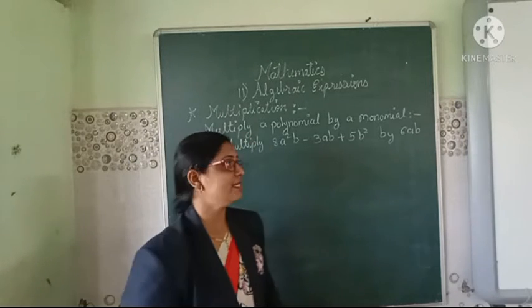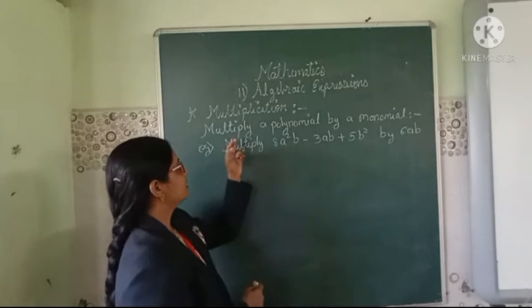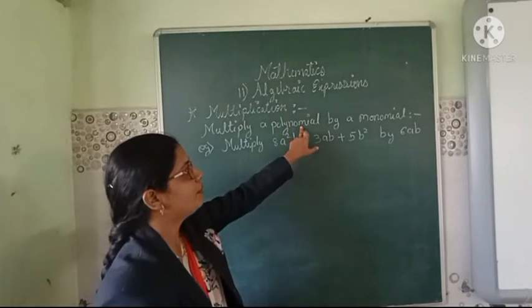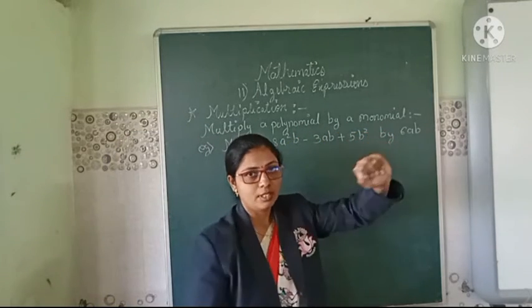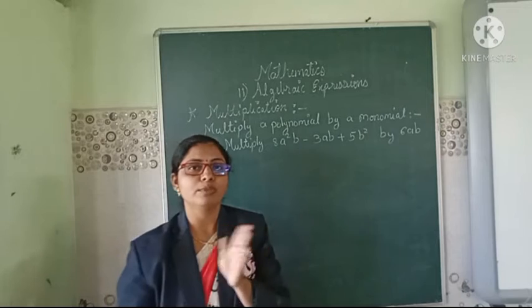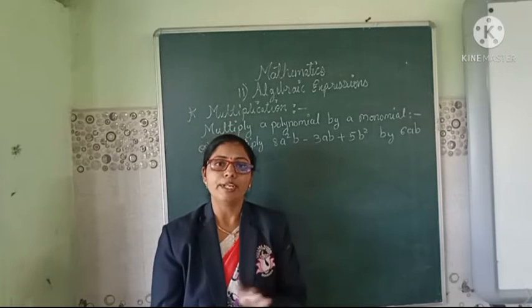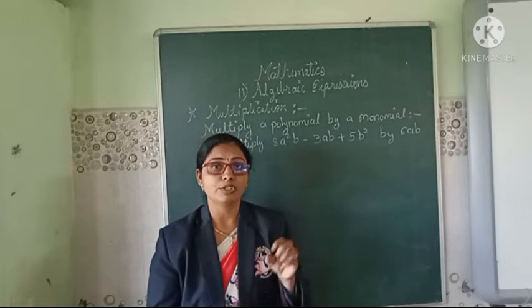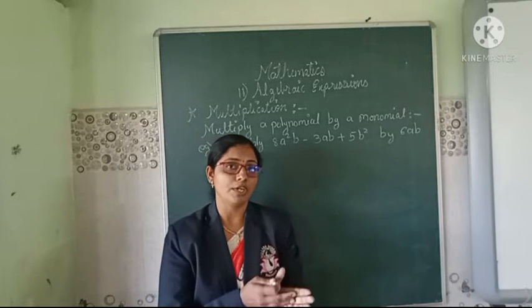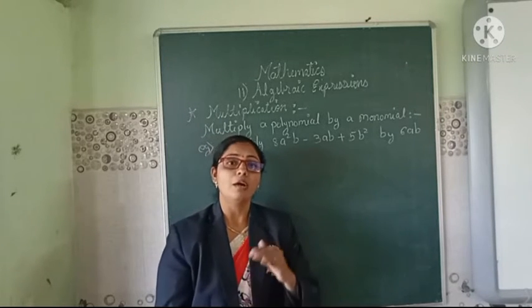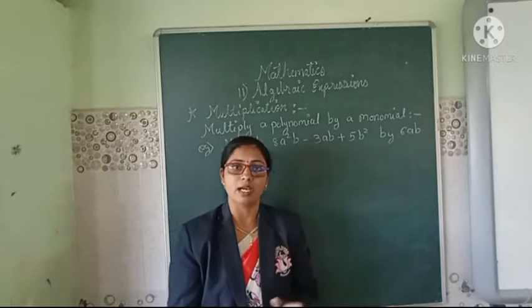Now let us have a look at the next one, that is multiplying a polynomial by a monomial. In a polynomial, we know more than one term is there, and in a monomial one term is there. If the question asks to multiply a polynomial with a monomial, how to solve such questions, we will see now.